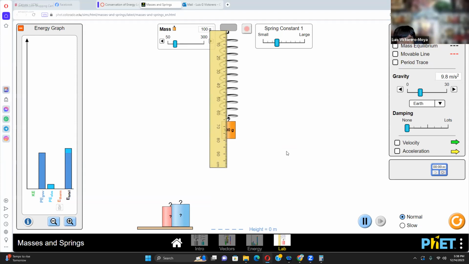The elongation for 100 grams is 63 centimeters. So 0.63 meters. So 63 minus 48, that will give you the elongation for 100. Same procedure.